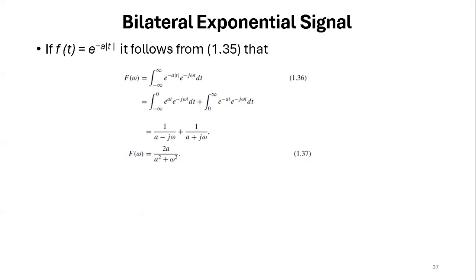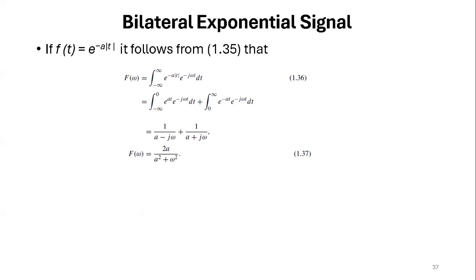Now, if f of t is equal to a complex exponential, from the Fourier transform equation 1.5, f omega is the integral from minus infinity to infinity of e to the minus a modulus t, e to the minus j omega t dt.